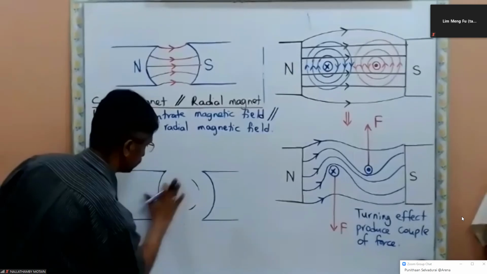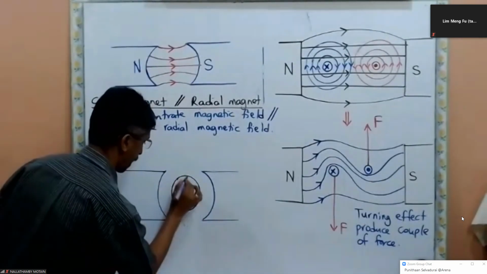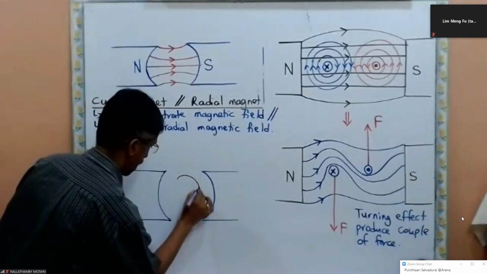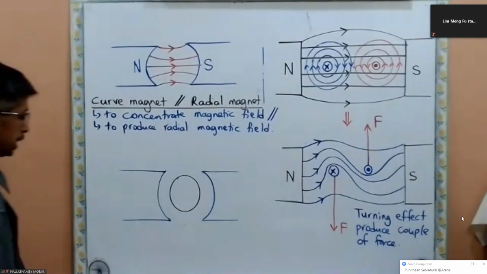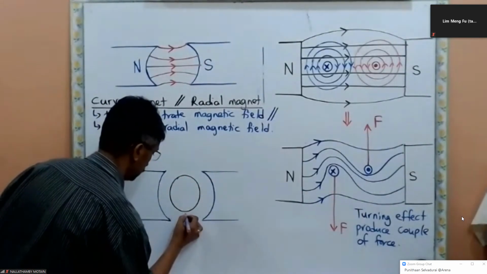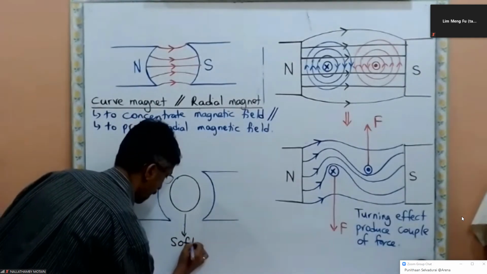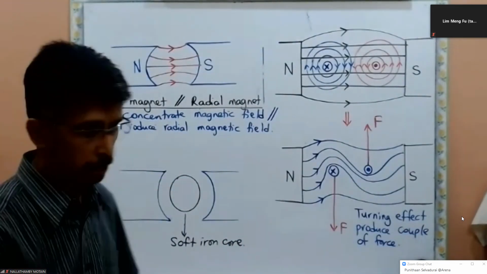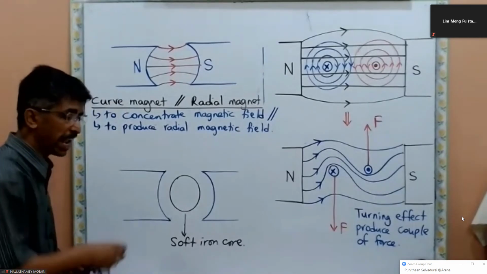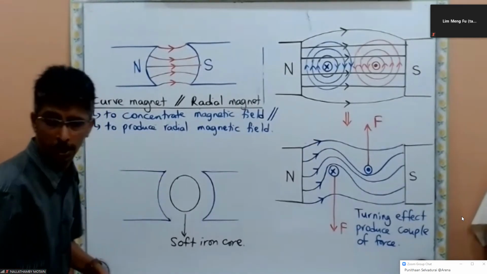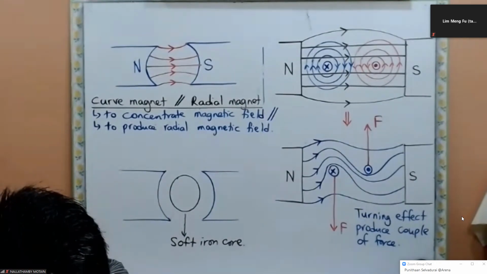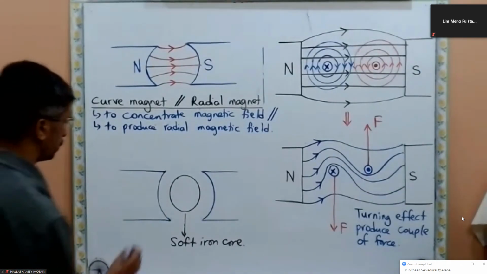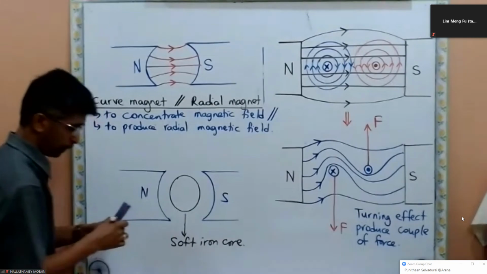All this they won't teach in school, so I try to teach you a bit in detail. So if you place a soft iron core in between the magnetic field of the permanent magnet, let's say here north or here south, what happens?